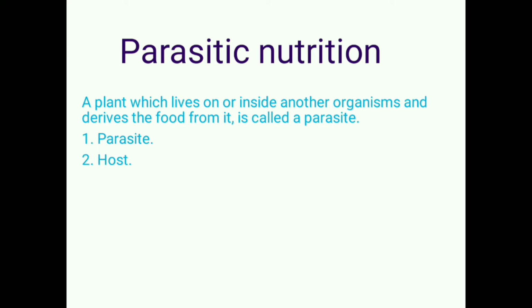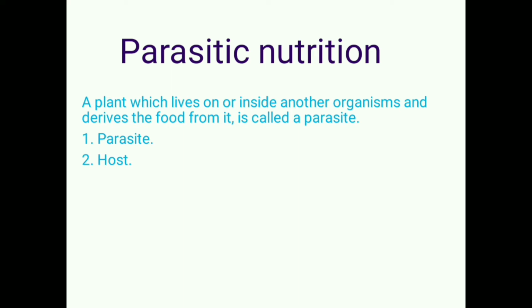The organisms which obtain food from the living bodies of other animals or plants, we call parasites. The living organism from whose body the food is obtained is called the host of the parasite.